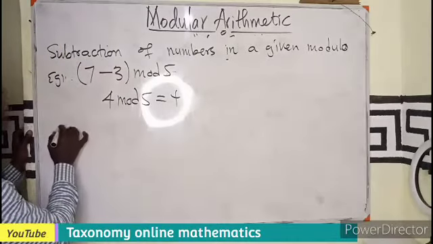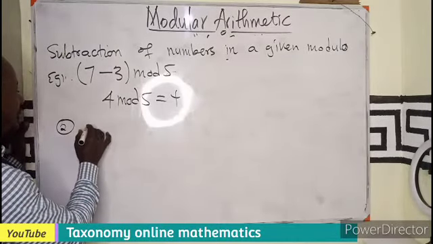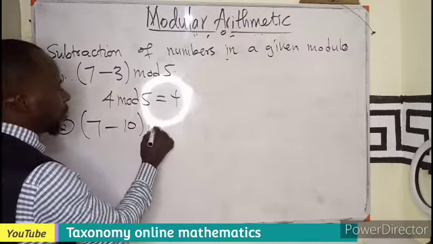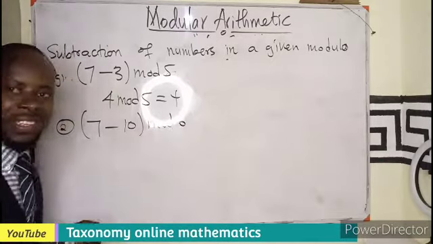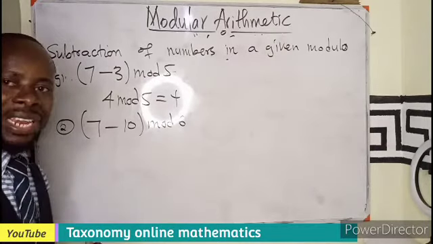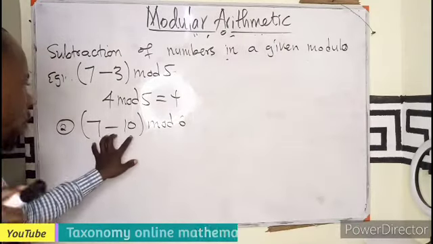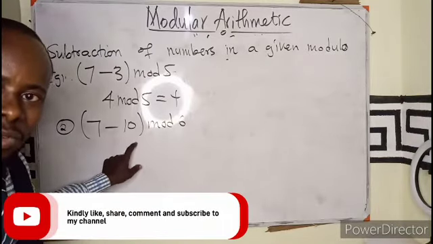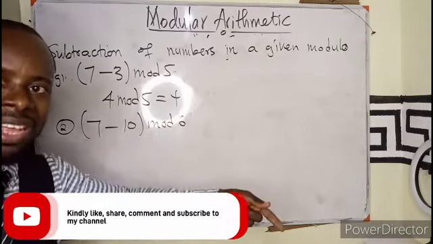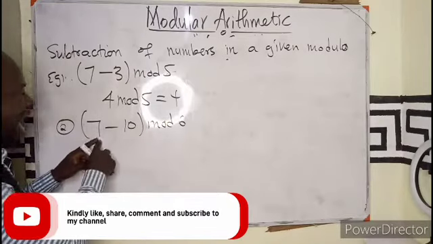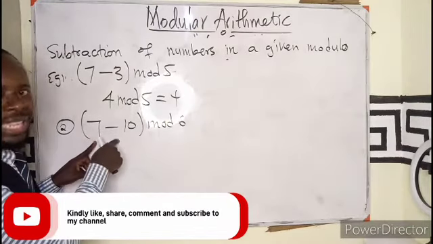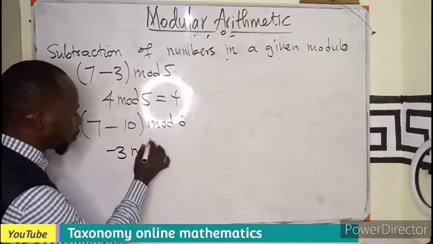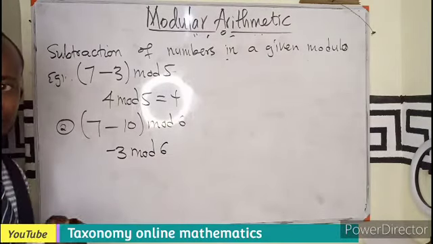Alright. Then what of example 2? I have 7 minus 10 mod 6. You can agree with me that in the bracket, 7 is less than 10, so the operation will give you a negative answer. I need 3 added to this to get 10, so I'll be having minus 3 mod 6.